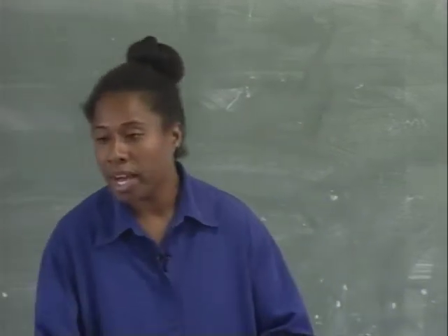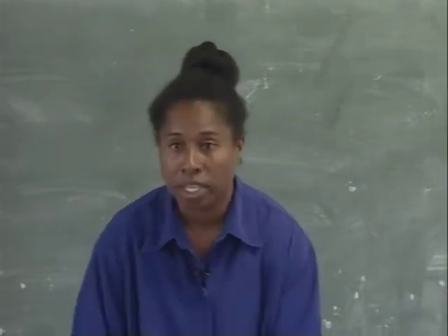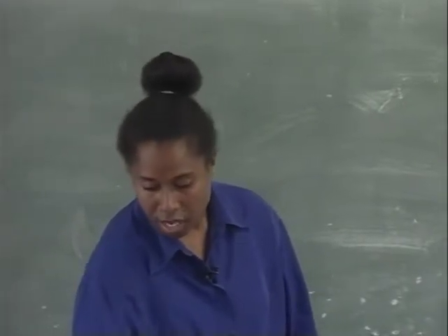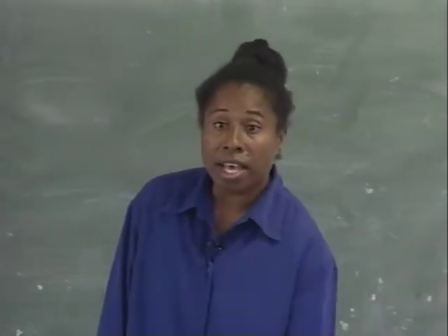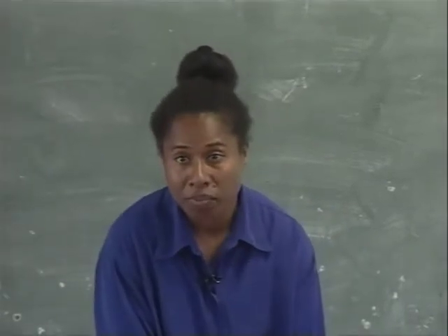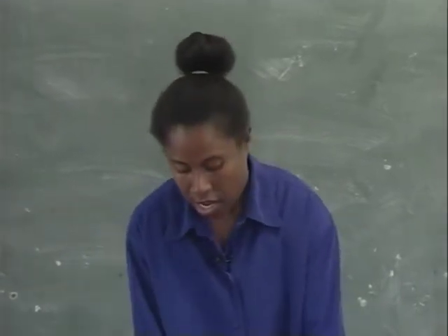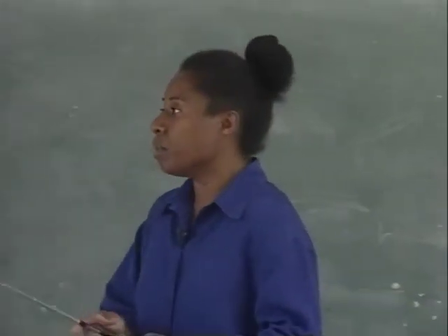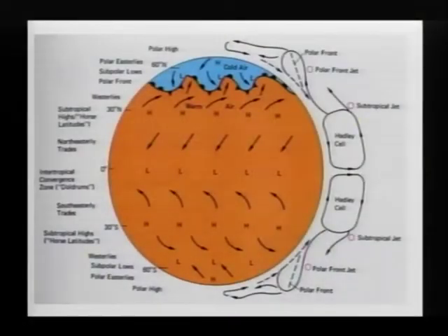But before we look at examples of local winds, I'd like us to recap what we have covered on air circulation in the northern and southern hemispheres. First, it is important to understand our diagram again, the one containing the pressure belts, the highs and lows, and the movement of air in the different hemispheres.